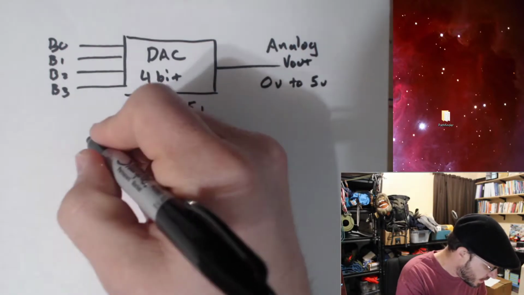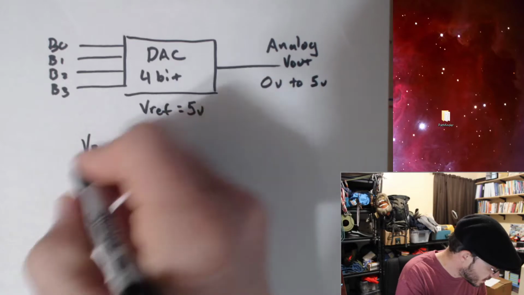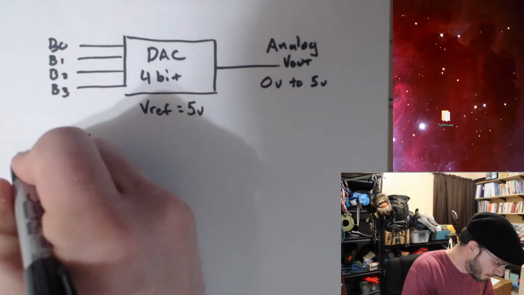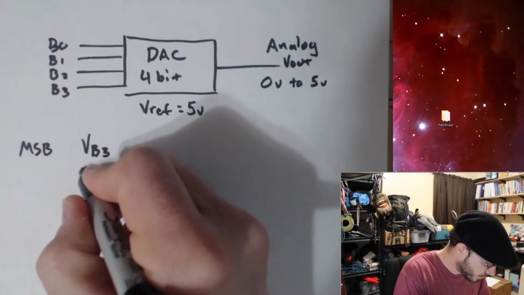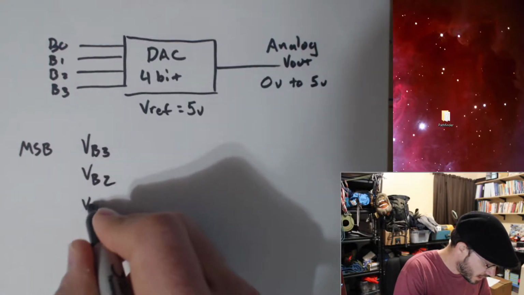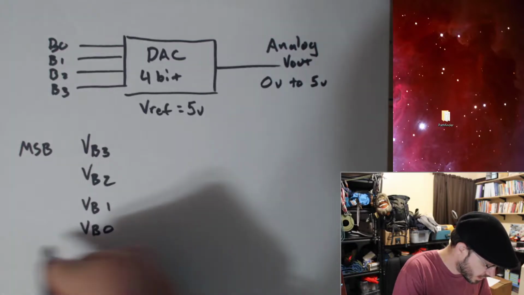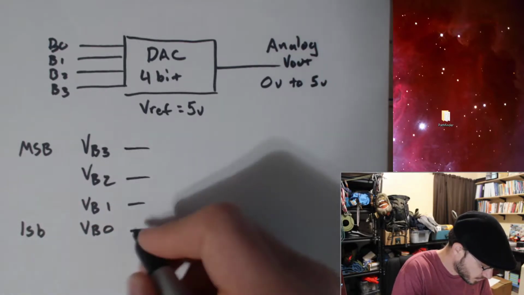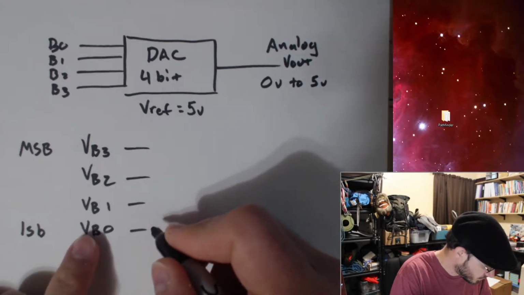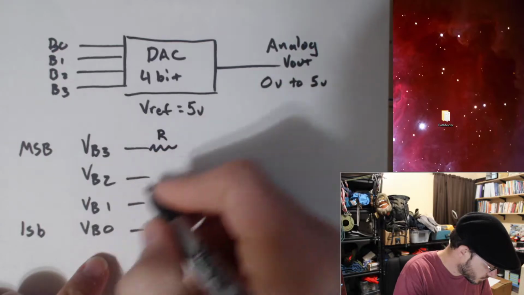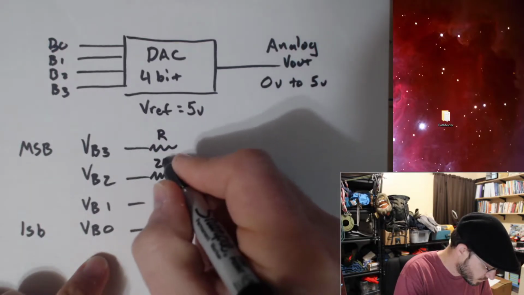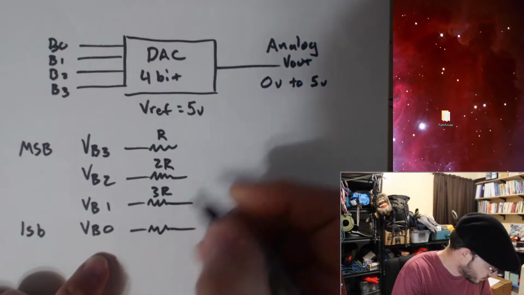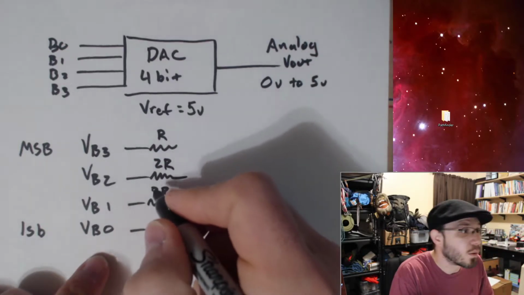And I'll keep it in this order where VB3 is our most significant, VB2, VB1, and VB0 is our least significant bit.